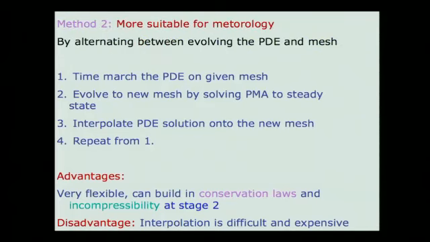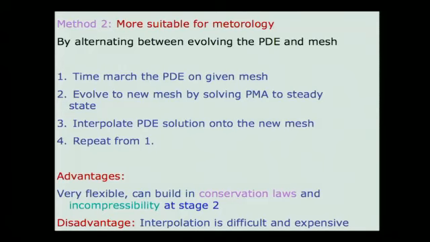But the somewhat less elegant but much more robust method is to decouple the problem a bit. Basically the idea is this: you have some sort of mesh, and you time march your PDE on that mesh to some new time. That gives you a new solution of the PDE. You then plug that into your monitor function.